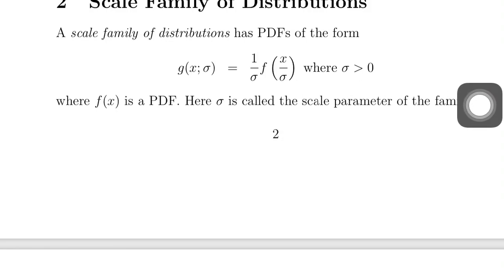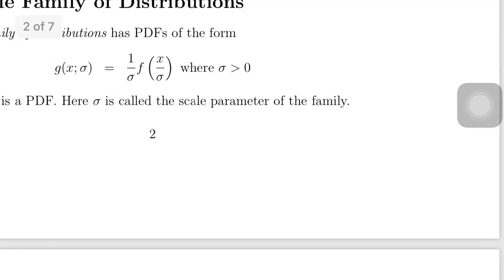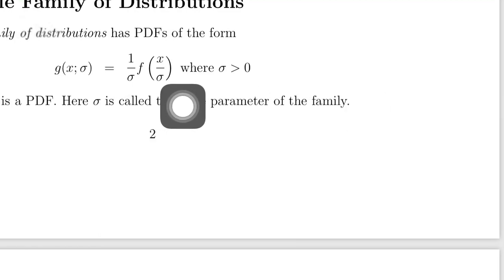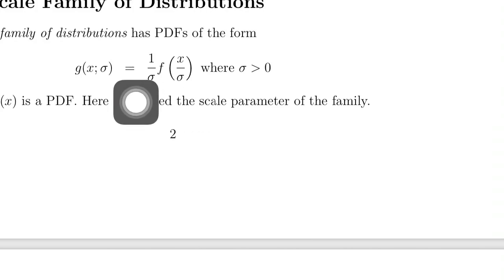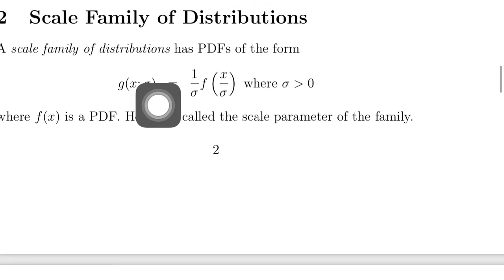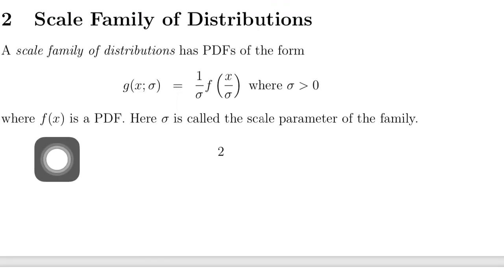You remember, in the location family we were replacing x by x minus mu, where mu is the location parameter. Here we are not only replacing x by x divided by sigma, but we are also multiplying with 1 by sigma. So these two changes we have to make in the density function f, from which we start to construct such a family.